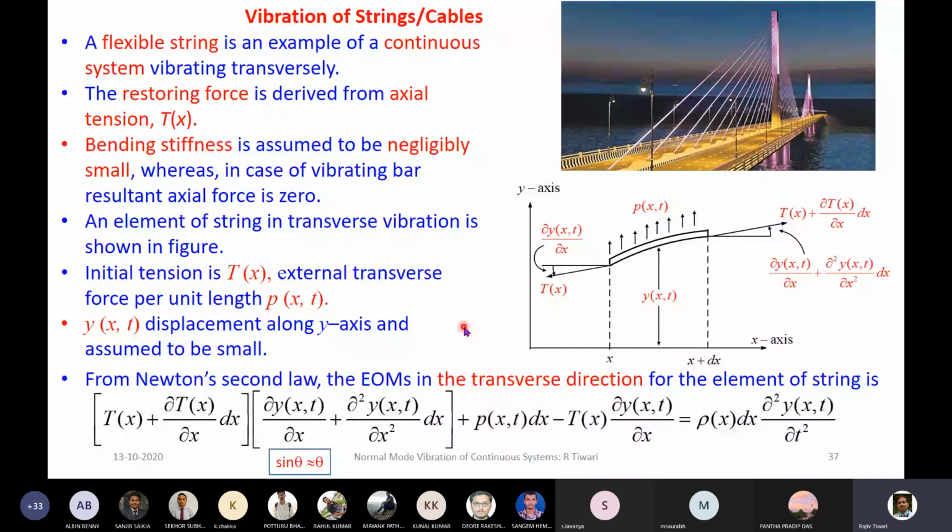But when a vehicle passes through this kind of bridge, vibrations of the bridge take place, and these cables are the reason for that vibration, because they are flexible. So we'll analyze such an element, which is the simplest for the continuous case.